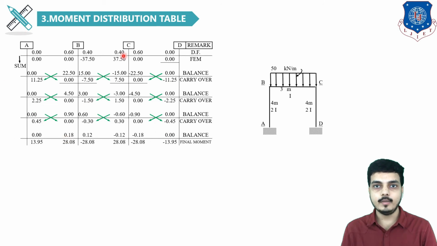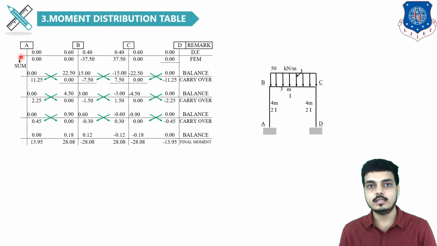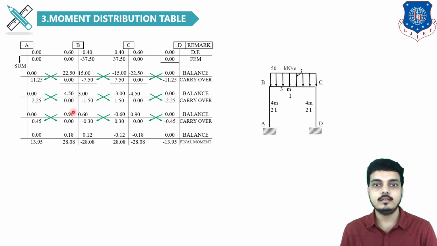So how many times do we have to follow this? We have to follow until these values come the same. Now you can see, we have to sum up all the values. 0 plus 0 plus 11.25 plus 2.5 plus 0.45 is 13.95. Plus 22.50 plus 4.5 plus 0.9 plus 0.18 will be 28.08.